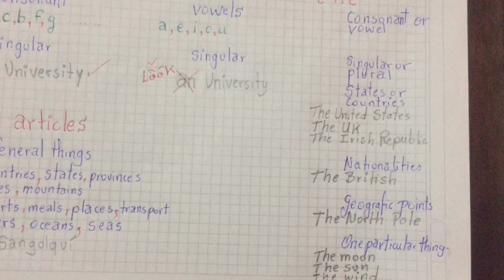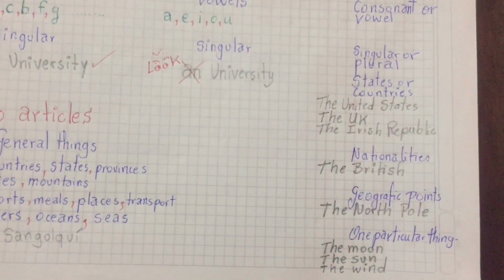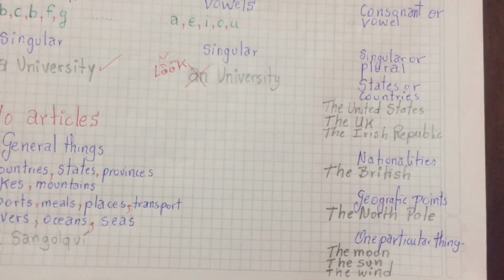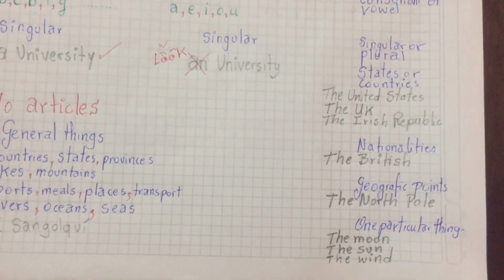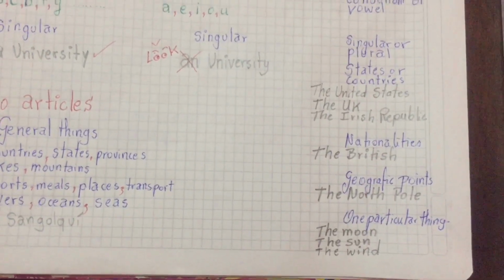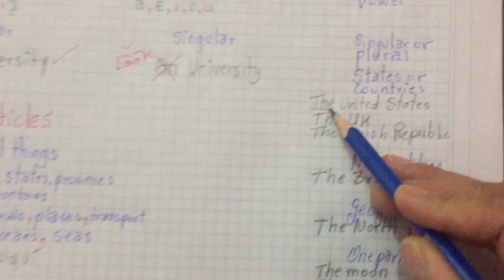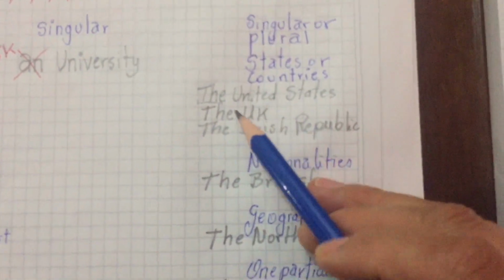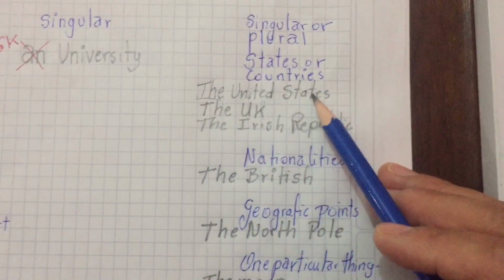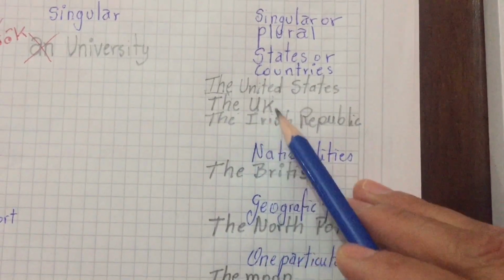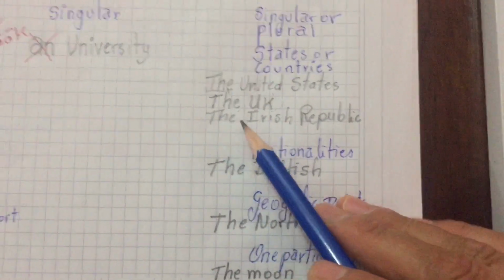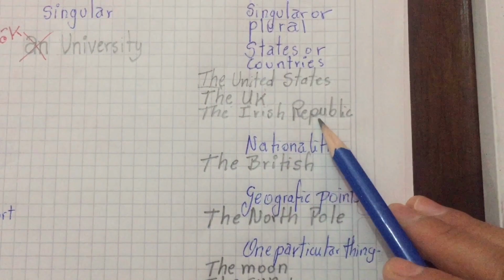I'm going to give you an example. Here you have the United States. As you see, it is a state, so you have to use the United States, the United Kingdom, the Irish Republic.